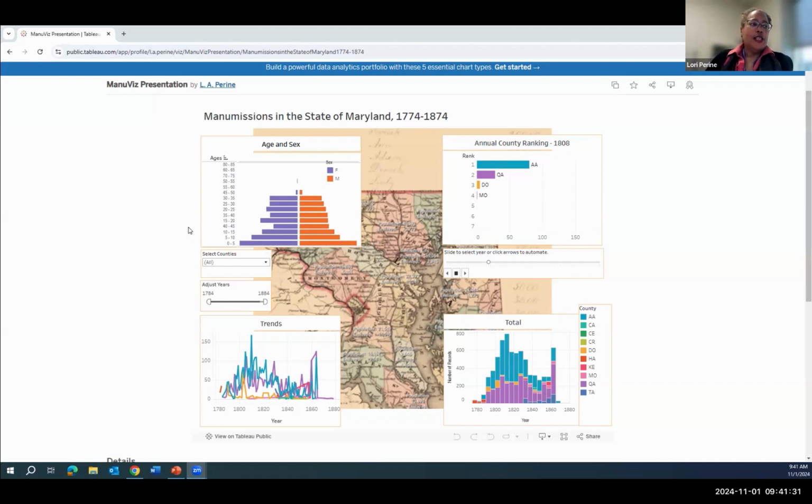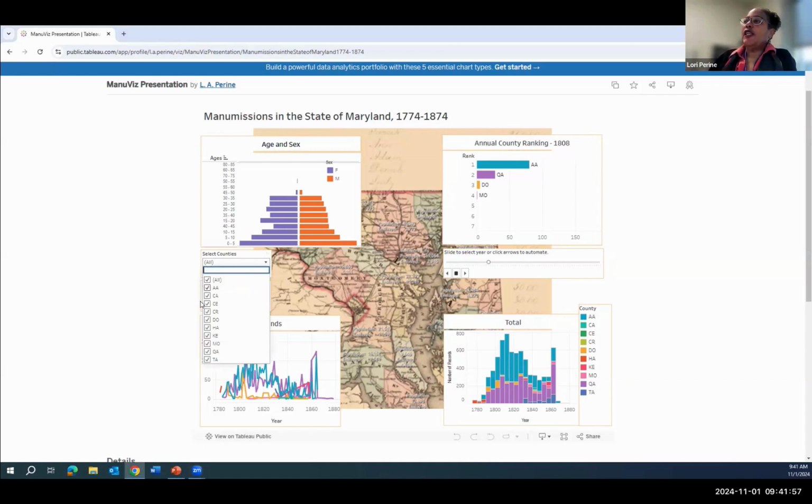But basically, as I said, our first design element was this one up in the upper left, representing the people. And so the types of questions that one can explore here are how old were people when they were granted their freedom? Were they male or female? Are there differences among the counties in terms of who was granted freedom and at what age?